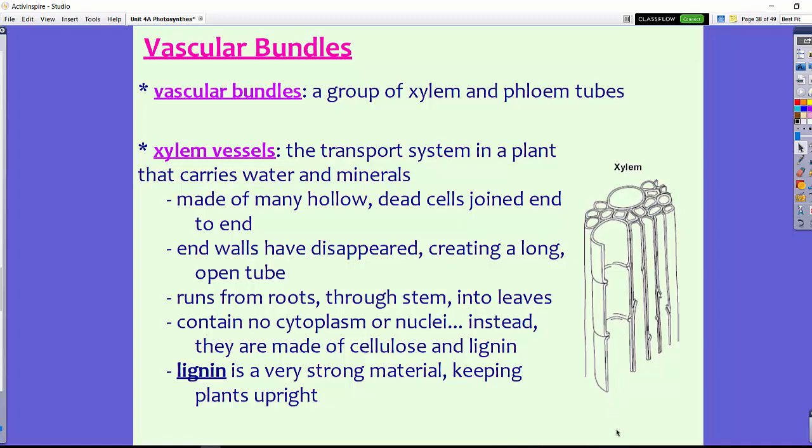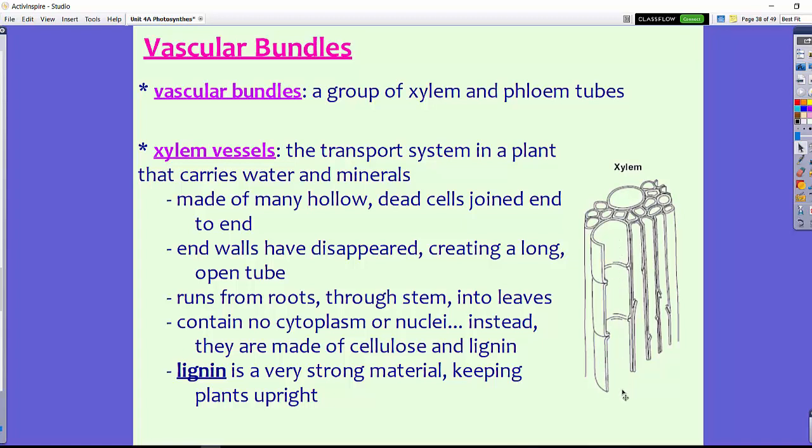Now these are dead cells, which means that they do not have nuclei. There is no cytoplasm, but instead the cell wall remains, and this cell wall is made up of very, very thick cellulose and lignin. Now these are two very strong materials that help keep the plant upright.